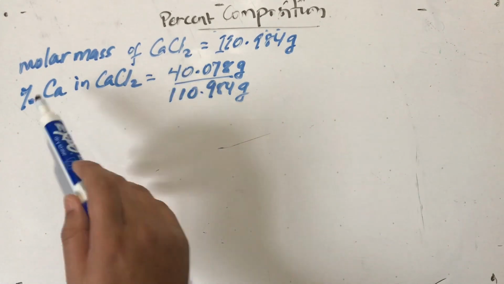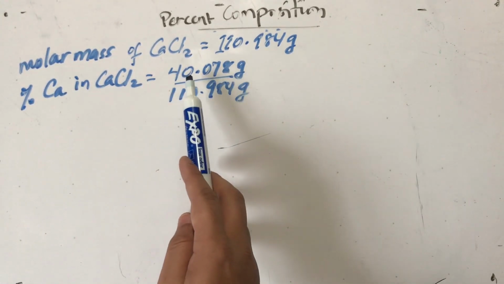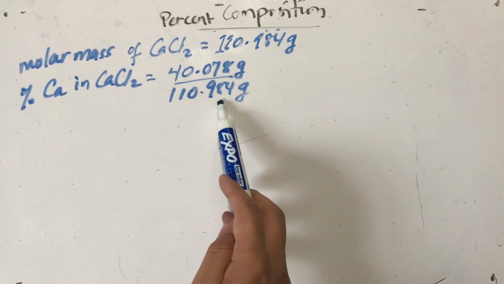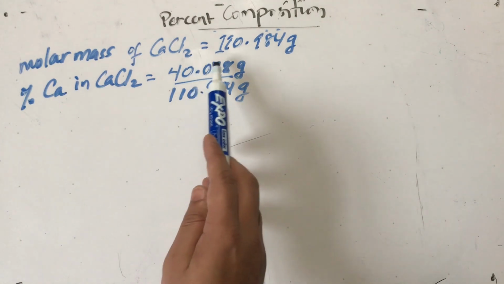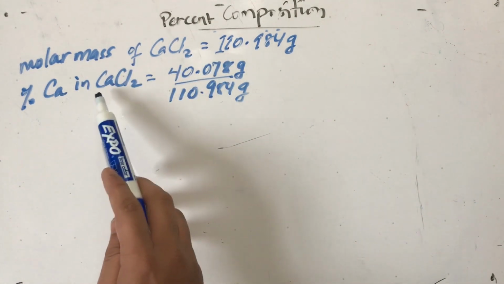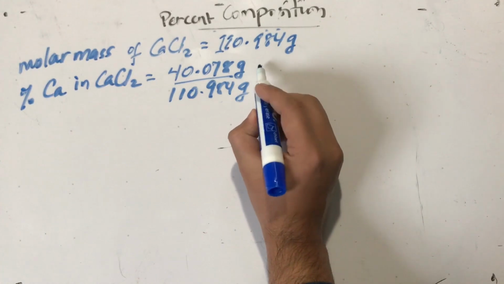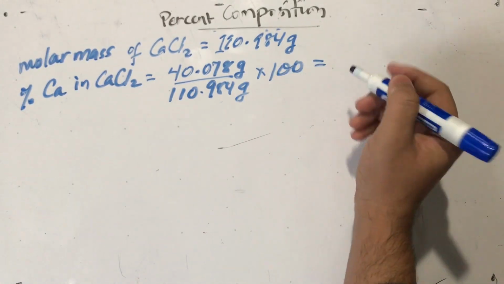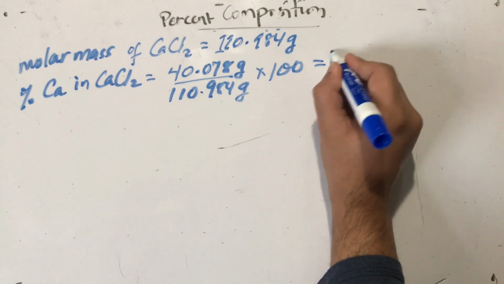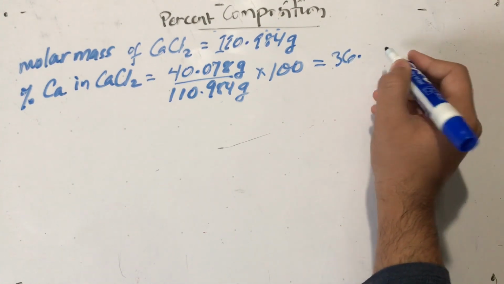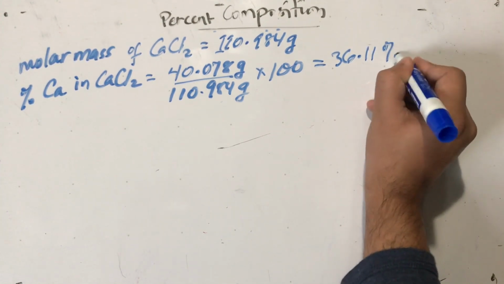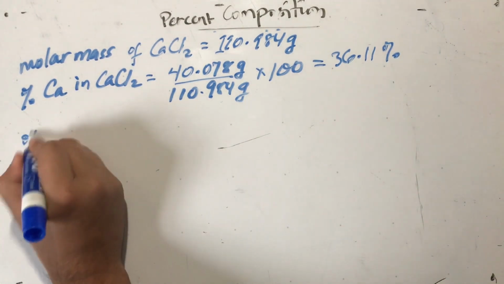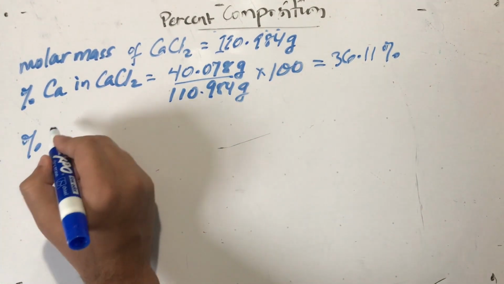That's the atomic mass of calcium over the molar mass of the compound. This setup tells us how much of the compound is calcium. Then you multiply that by 100 to get a percent, and that should give you around 36.11%.